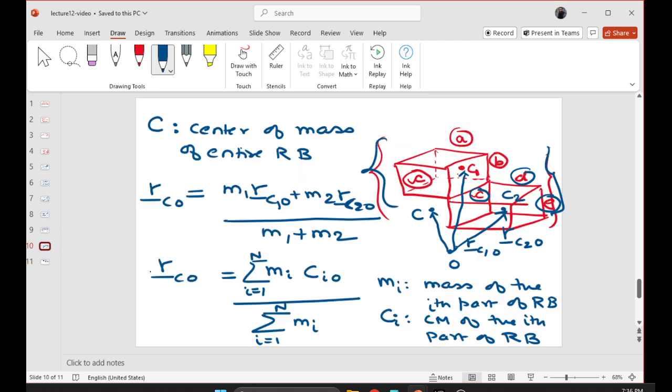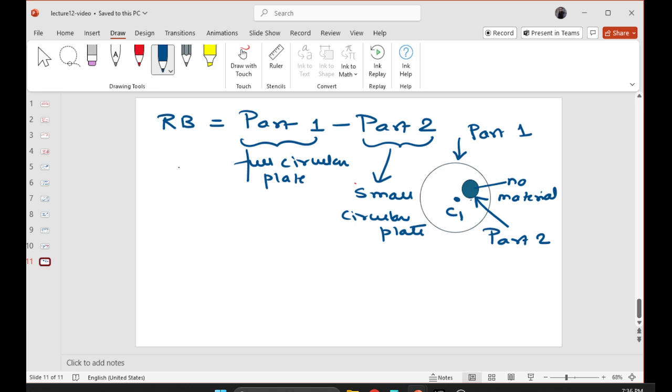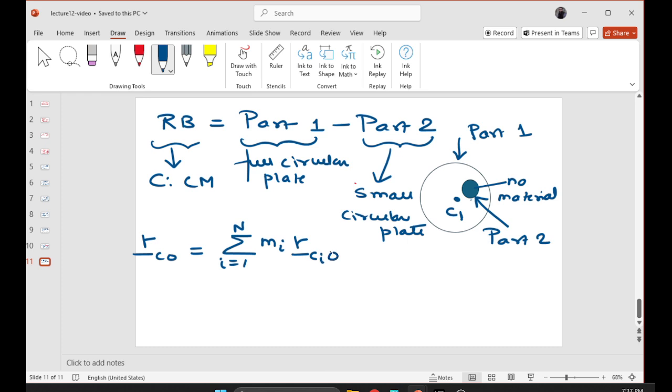Now the formula that I wrote earlier on this slide to find RCO of an RB which has n constituent parts, where we know the locations of the centers of mass of all those constituent parts, can be used to find the center of mass of this RB. We can still use the same formula, sum over i equals 1 to n of mi RCiO.